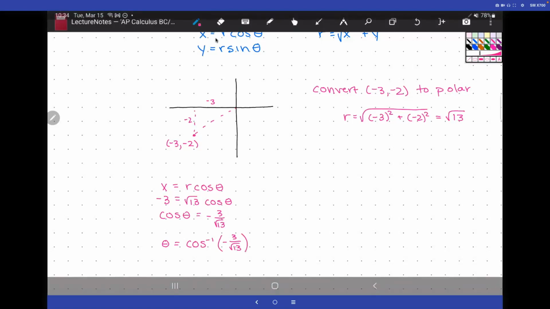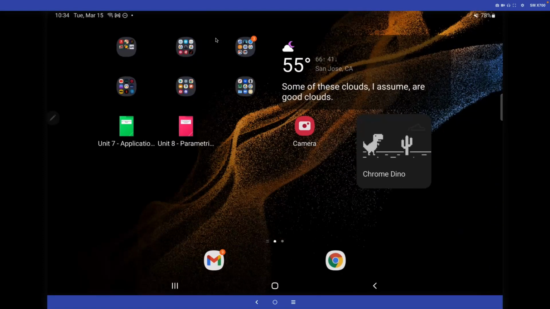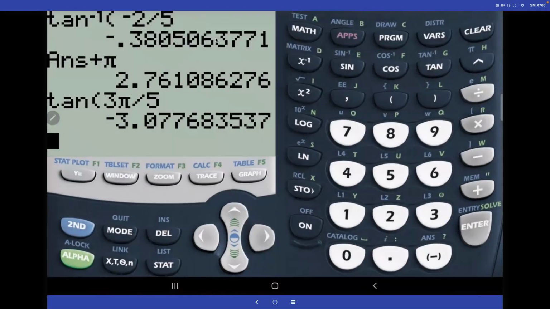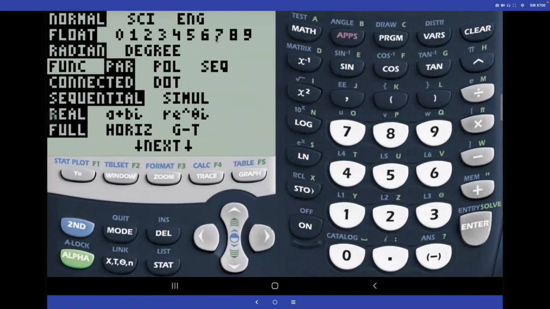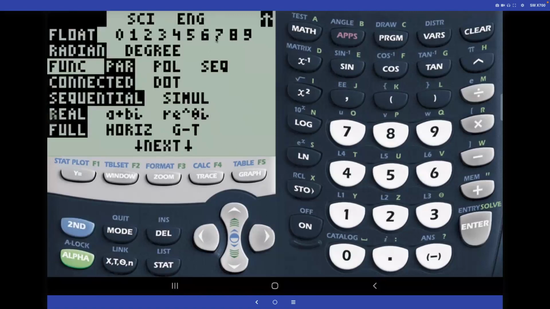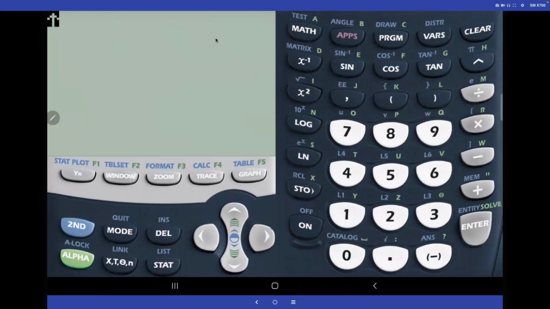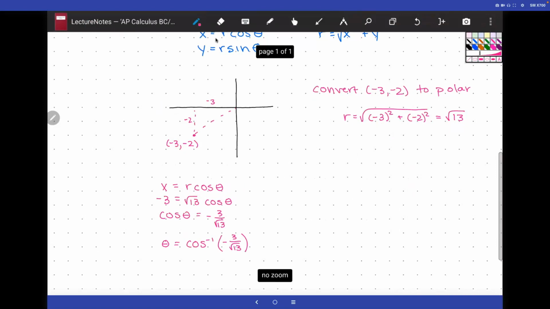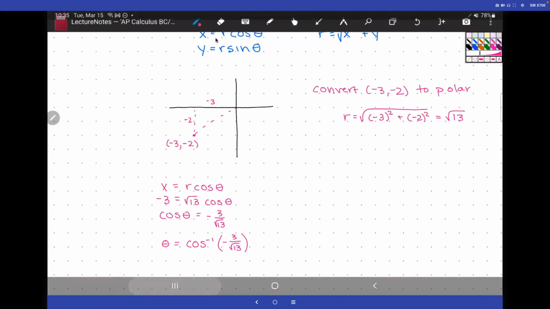Let's go. I'm going to go to my calculator. Make sure I'm in radians. All right. Cosine inverse. Oh wait, I forgot the root 13. There's my r. Actually, wait a minute. I can't remember what it is. Cosine inverse 3 root 13. I was on the right track before.